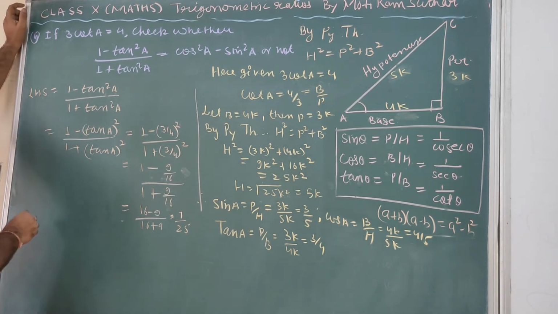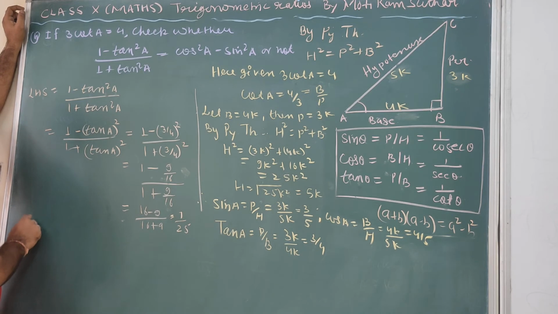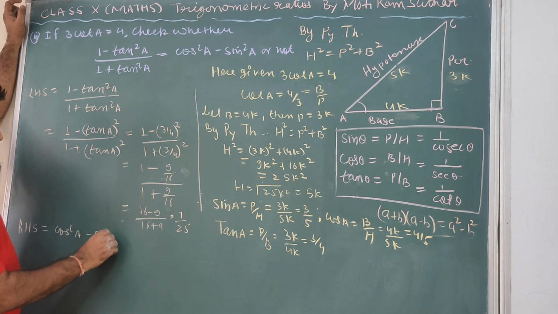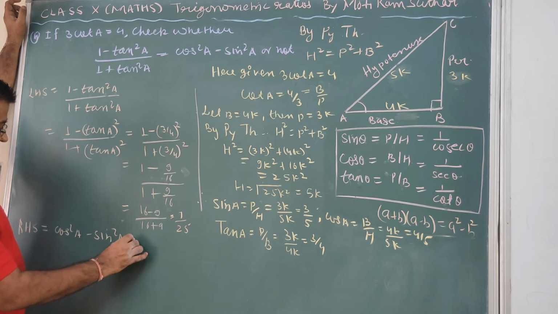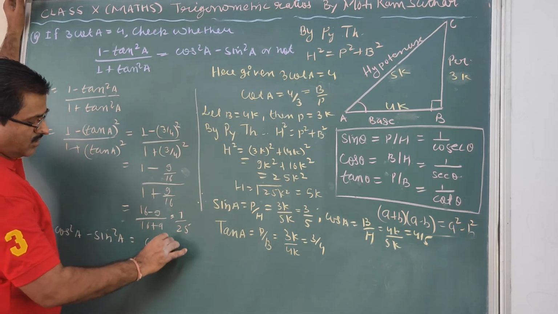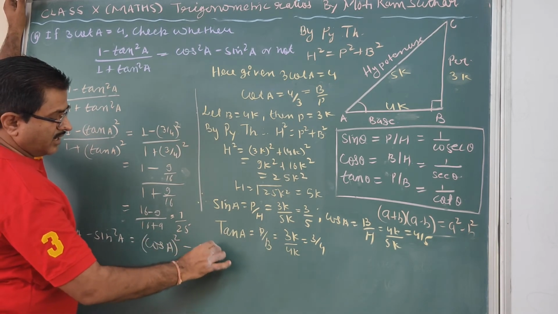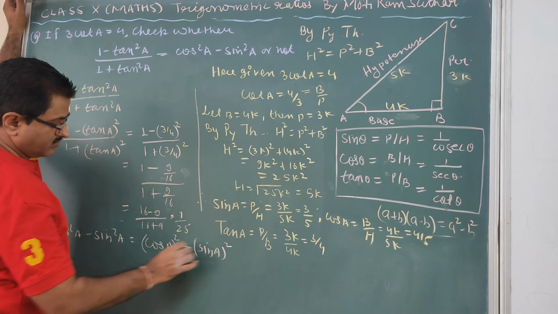Now you check also the right hand side. What will be the value of the right hand side? That is cos square A minus sin square A, which can be written as cos of A whole square minus sin of A whole square.